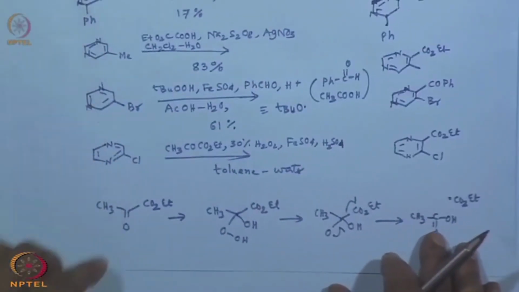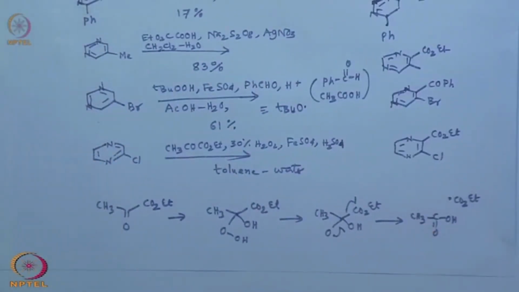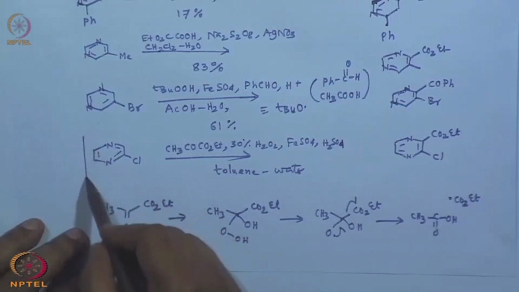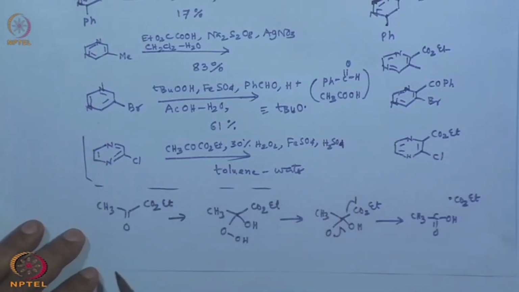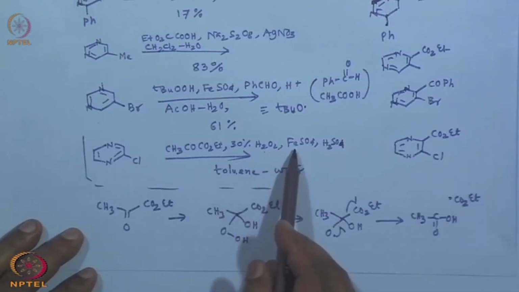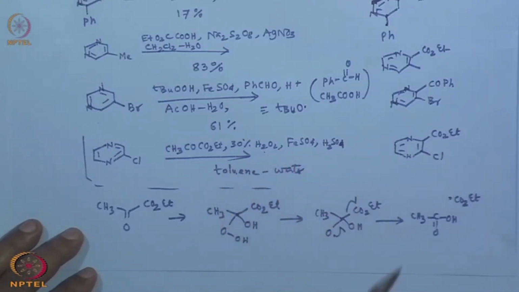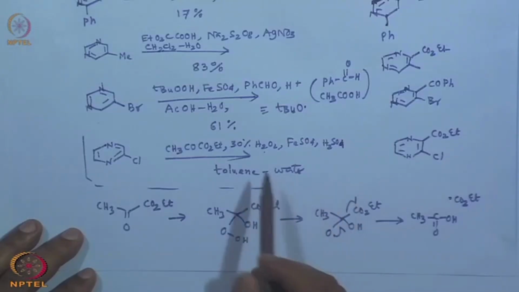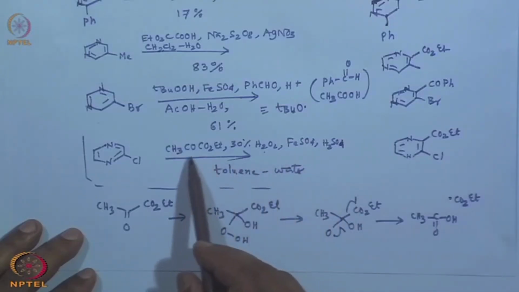Let us look at the next one, the last one, that is the fourth example. So, now you can quickly find out that you have hydrogen peroxide, ferrous sulphate. So, this combination means you have a hydroperoxide system, and then you have an ester group here.